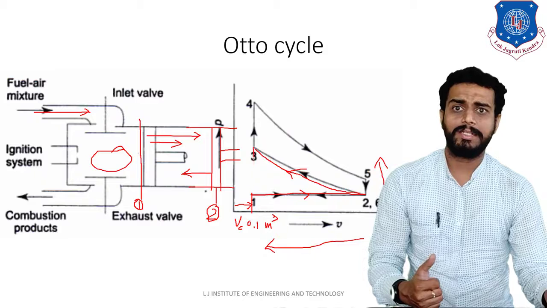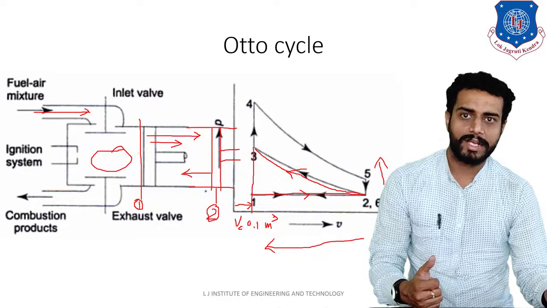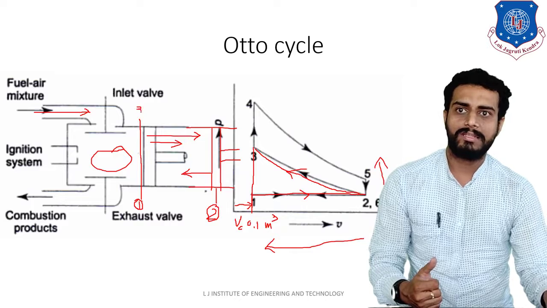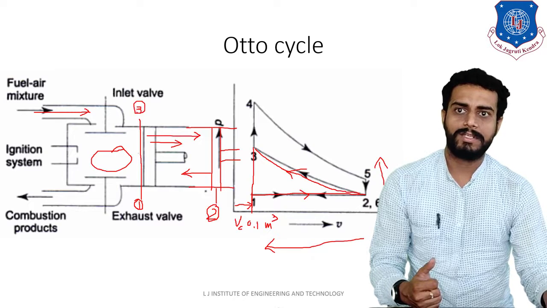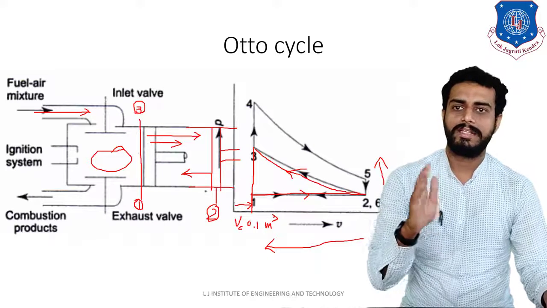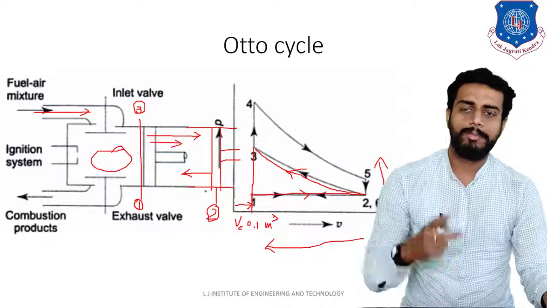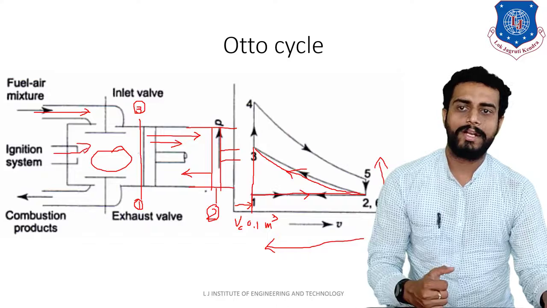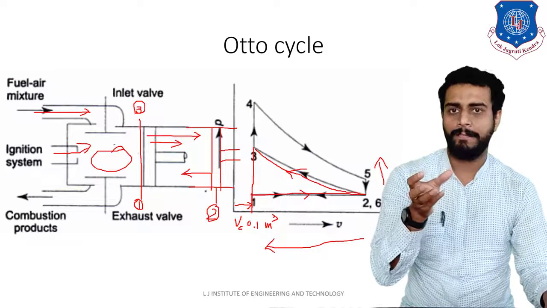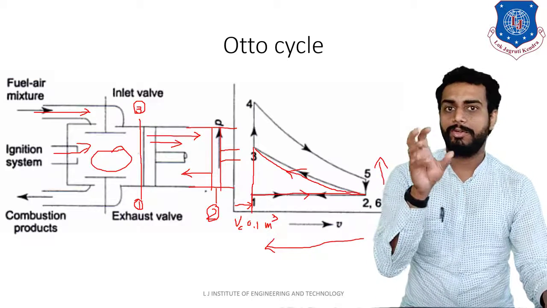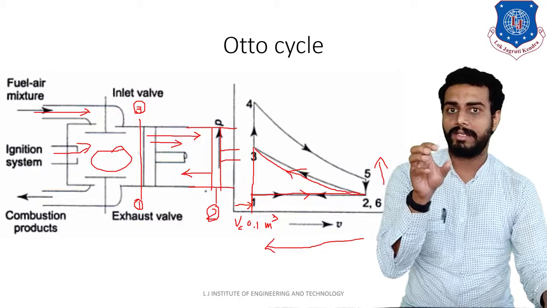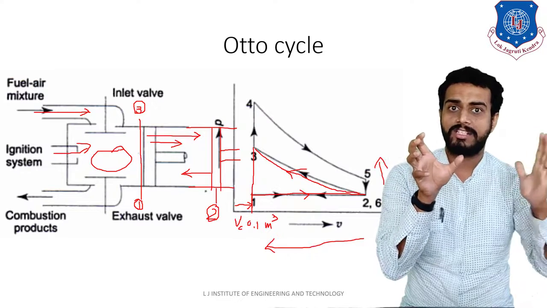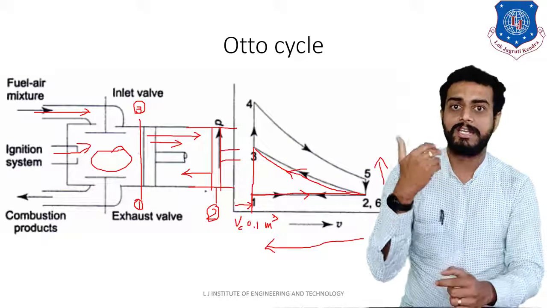Now, point number 3: see, the volume is again back to clearance volume. So this is our third position. The piston has reached the inner dead center. Now what will happen? Both valves are closed. Now a spark will be provided for just a fraction of time in this cavity. We have entered the fuel-air mixture, and that mixture is compressed, so its pressure and temperature will increase.